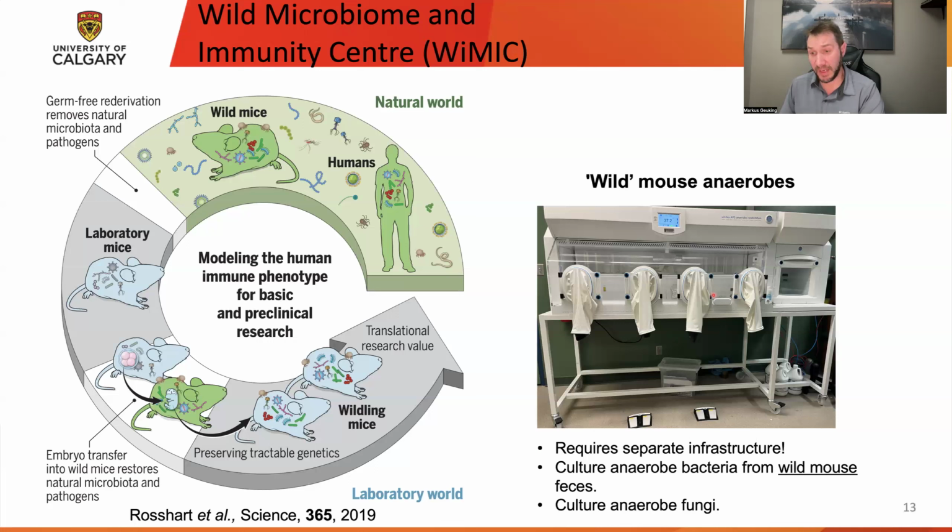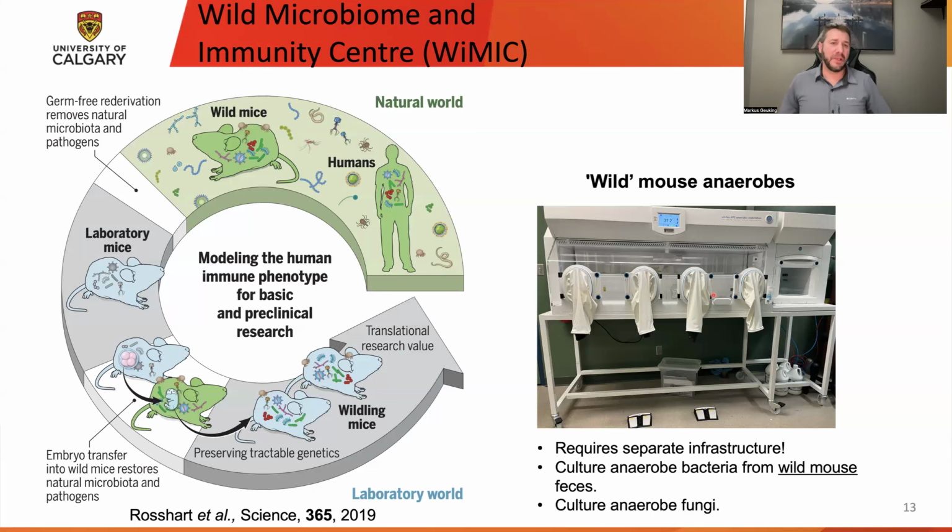And of course, they don't only have bacteria present, we can also culture other microbes such as fungi. This allows us to either isolate those wild commensal bacteria, or we can take fecal samples from wild mice and transfer them into laboratory inbred mice and generate wildlings to study effects in the wild.